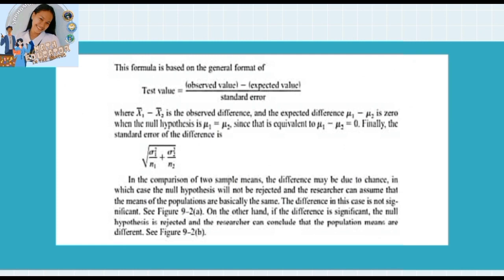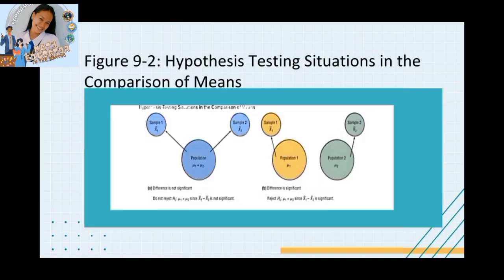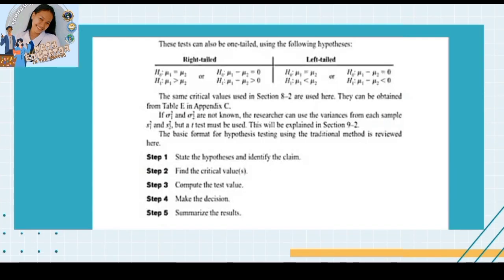On the other hand, if the difference is significant, the null hypothesis is rejected and the researcher can conclude that the population means are different. See figure 9.2b. Shown here in figure 9.2 are the hypothesis testing situations in the comparison of means.